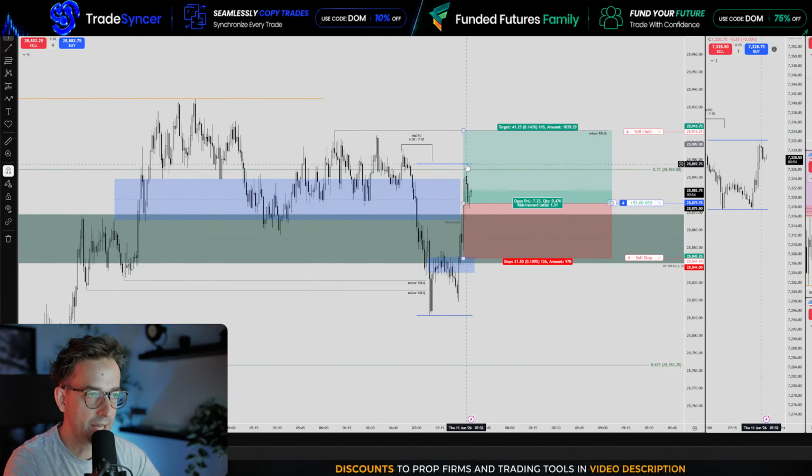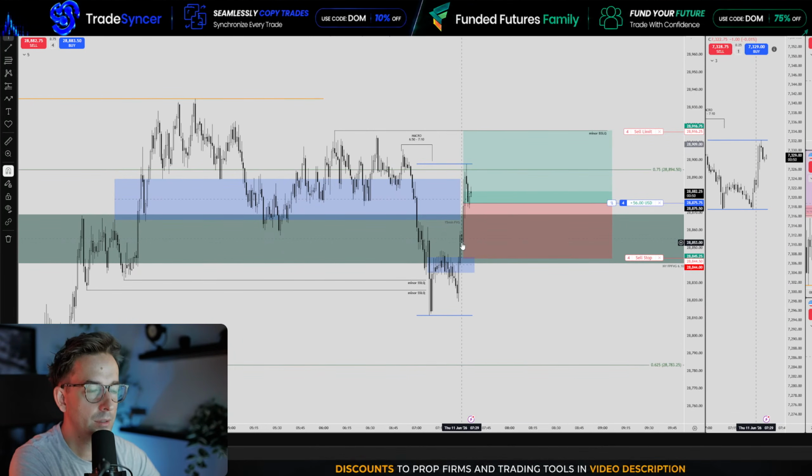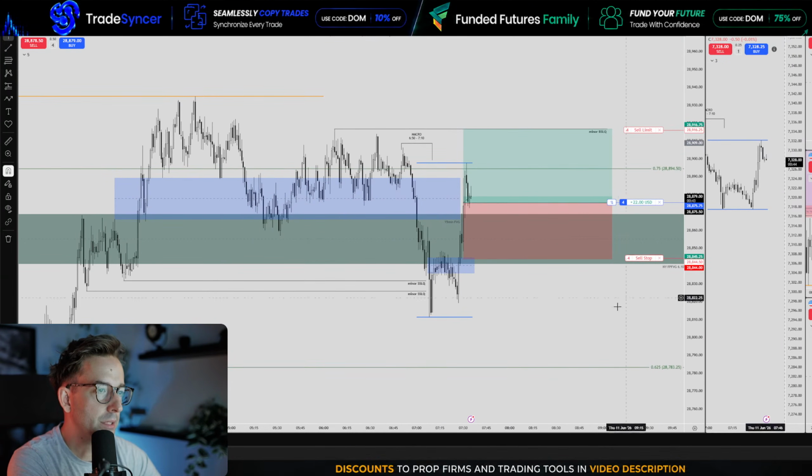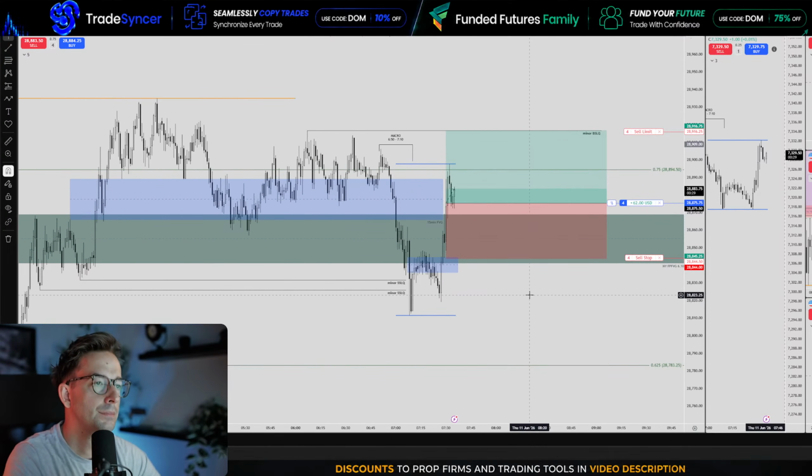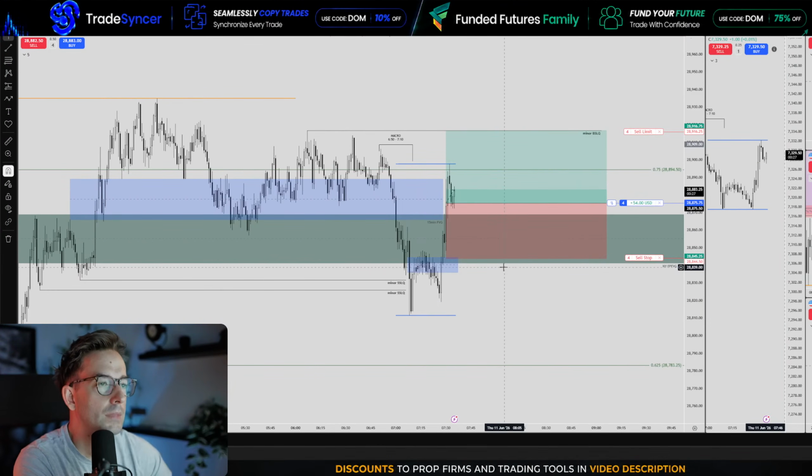Once price breaches this high, I'm moving my stop loss to right below mean threshold of this bullish order block here, nested within New York's first presentation if it gets up there. Come on, price, take that liquidity. You have nothing else to do here. Let's just hope that Trump doesn't do anything stupid.